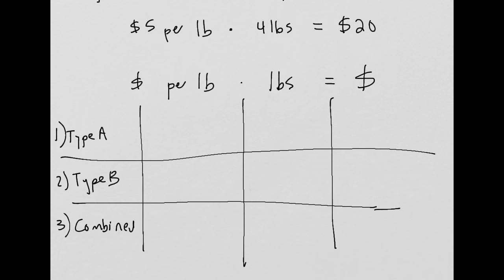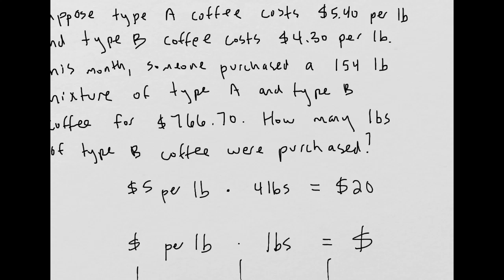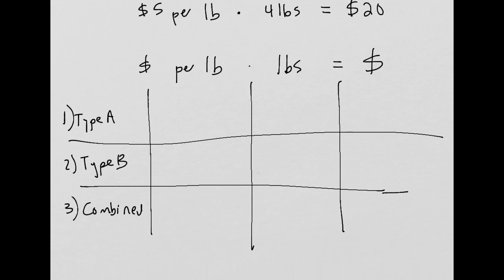Okay, so now if I go back and try to fill things in, what I know about type A is that it's $5.40 per pound, and type B is $4.30 per pound. So I can fill both of those in. The cost per pound for type A is $5.40. Type B is $4.30.